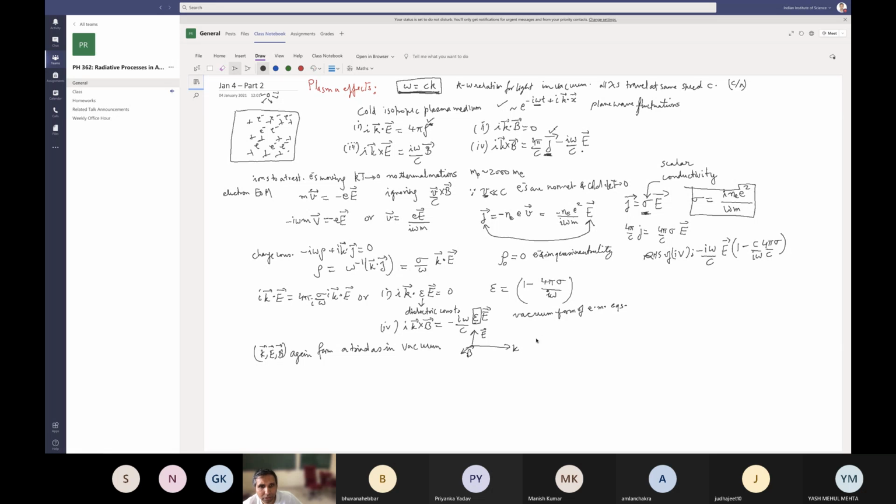K cross. So i K cross K cross E is equal to i omega by c K cross B.